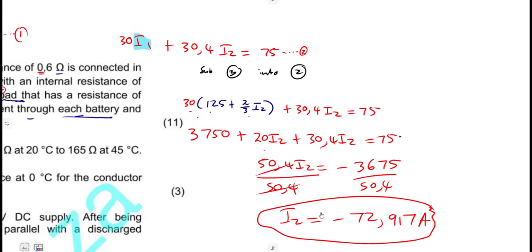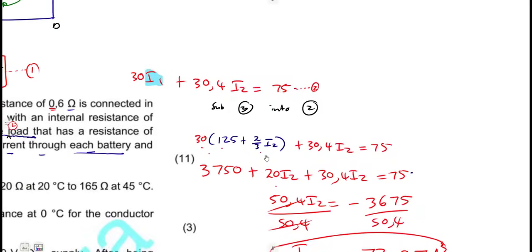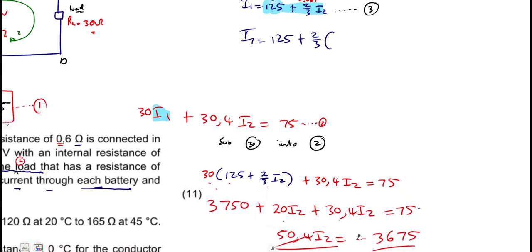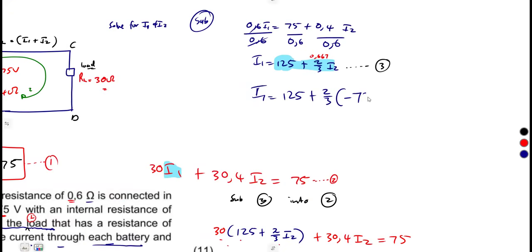With I2, you can find I1 from equation 3. I1 is going to be equal to 125 plus 2 over 3 times I2, where I2 is negative 72.917. That is going to give us I1, 76.389 amperes.